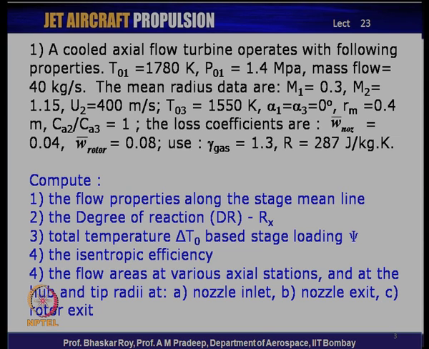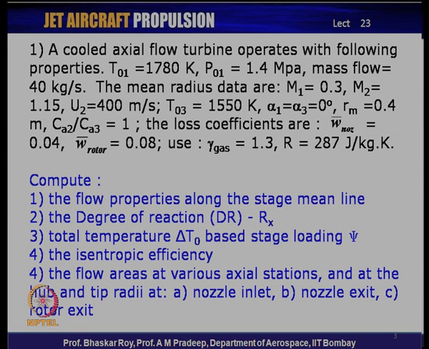So, let us take a look at a typical cooled axial flow turbine problem, and the problem shows that its entry temperature is 1780 K and entry pressure is 1.4 megapascals and carries a mass flow of 40 kg per second, which means it is a medium sized engine.